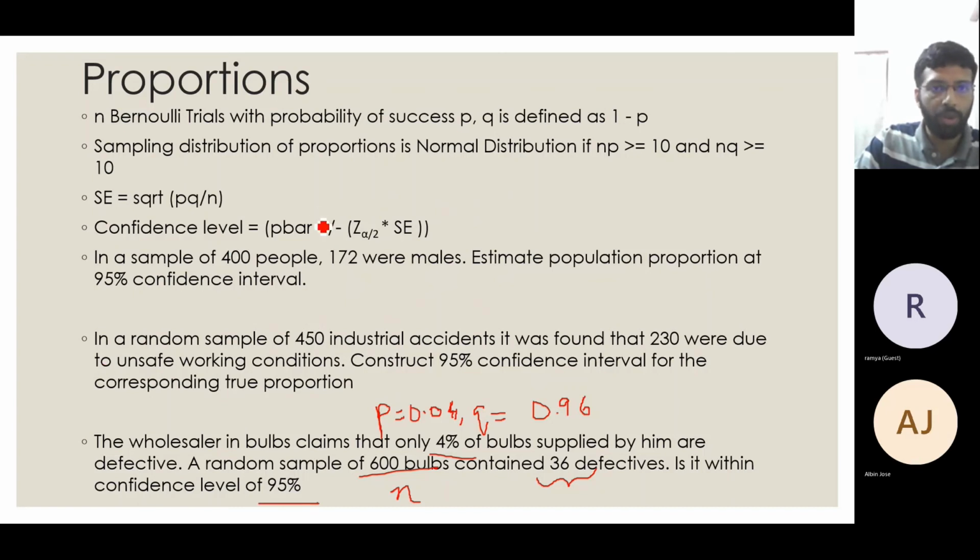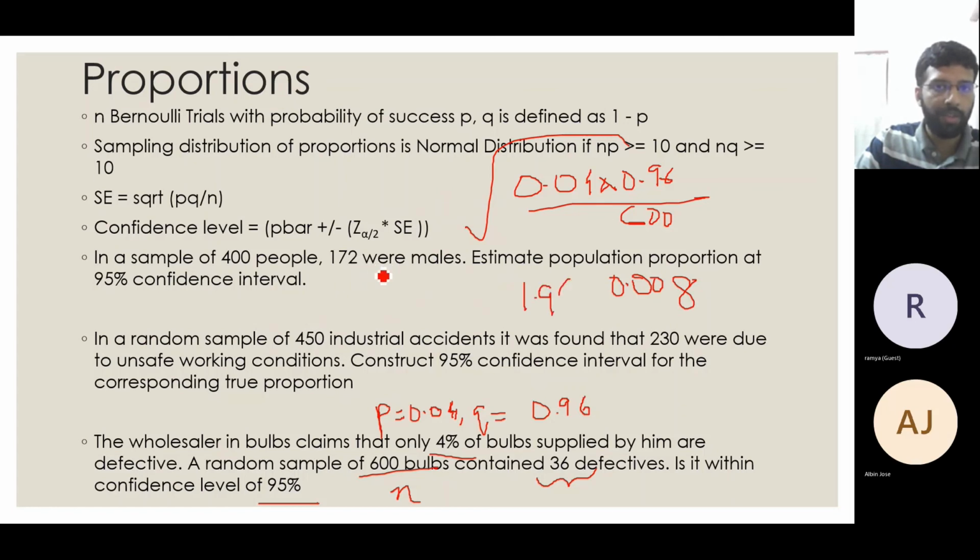So standard error is square root of PQ by N. So that is square root of 0.04 into 0.96 by 600. You will get something like 0.008. You multiply it by again 1.96, which is my Z alpha by 2, plus or minus. Here the P bar is 0.04.